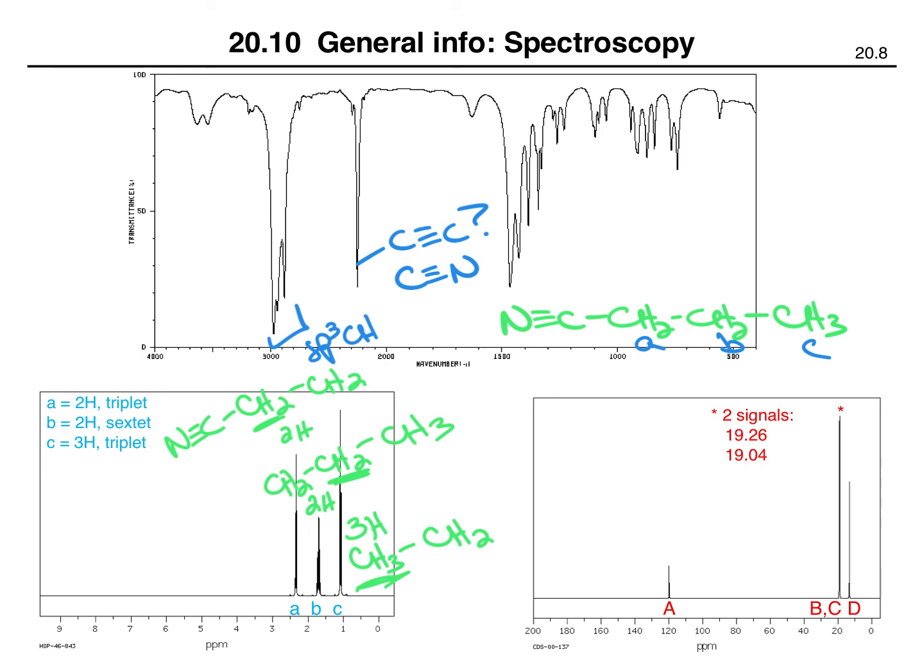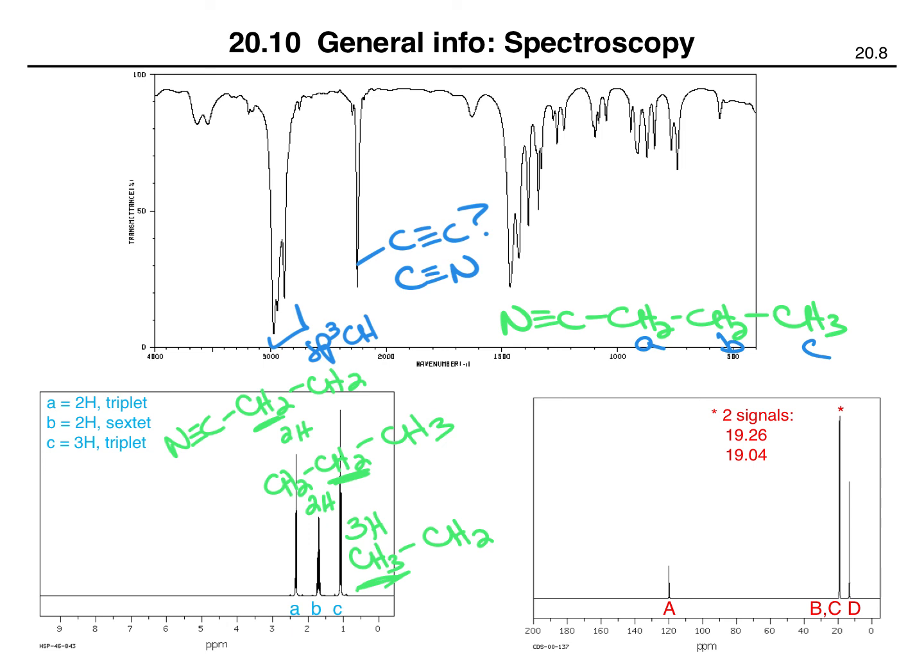The fact that we don't have an alkyne hydrogen, and we don't have 2 signals for hydrogens on carbons next to an alkyne, tells us that we can't have an alkyne and we must have a nitrile. So now that we've confirmed it's a nitrile, putting it together like this makes the most sense.